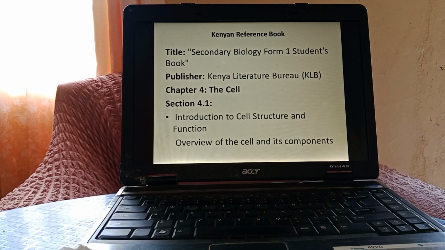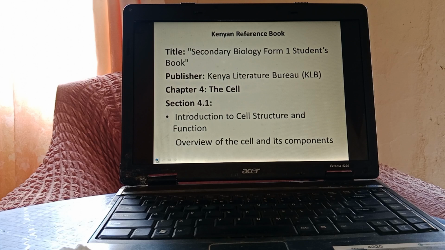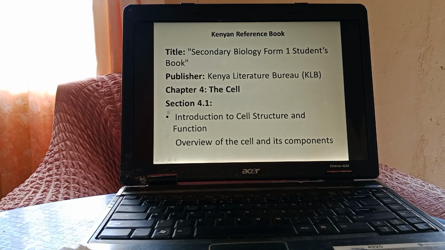Chapter 4 is on the cell, and you are required to look at introduction to cell structure and function, overview of the cell and its components before you teach cell physiology.